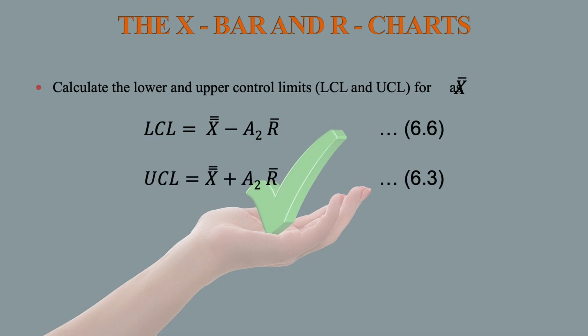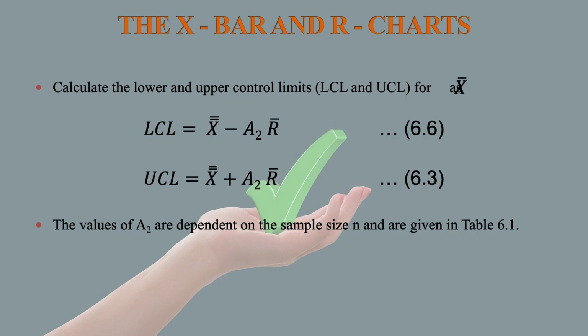UCL is equal to X double bar plus A2 R bar. Now dear learners, there is no problem for you to calculate LCL and UCL at this stage because we have already calculated X double bar, that is equal to the mean of all the means of the K samples, and we have also calculated the R bar, where R bar is the mean of all ranges for different samples, and the values of A2 are dependent on the sample size n and are given in the statistical table.